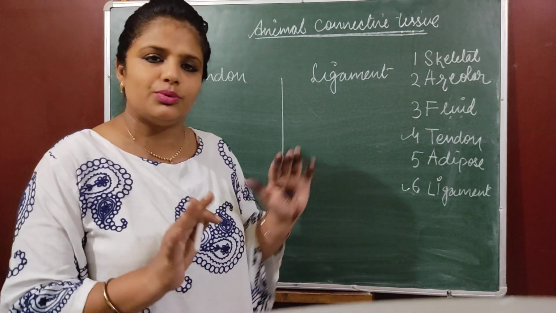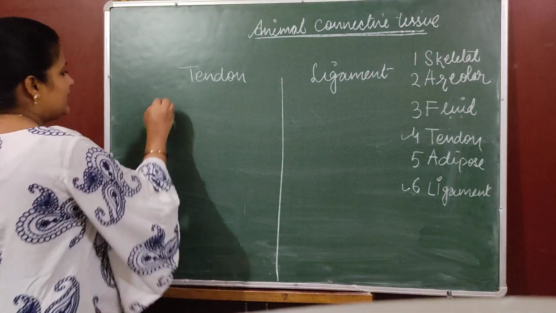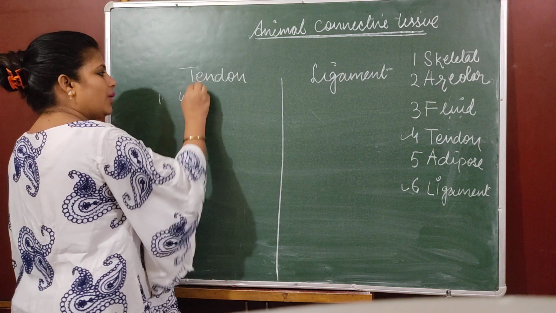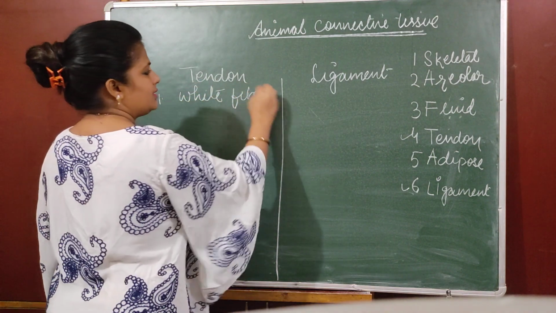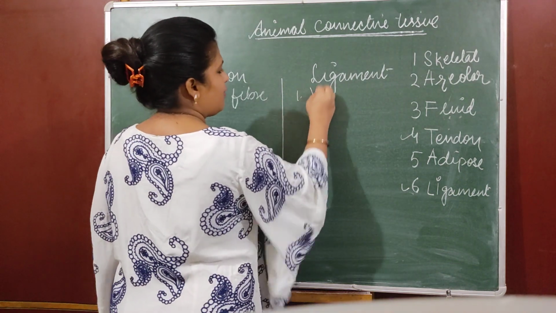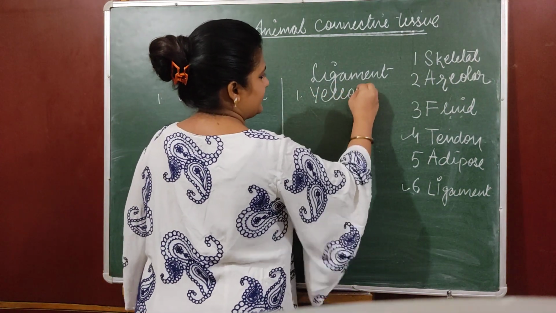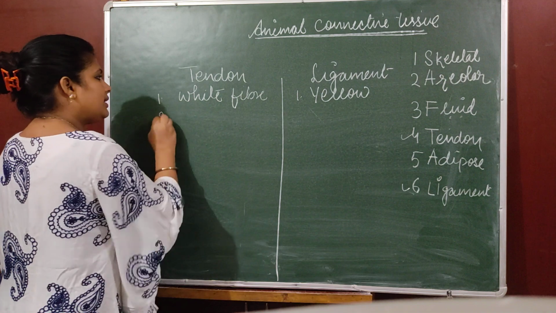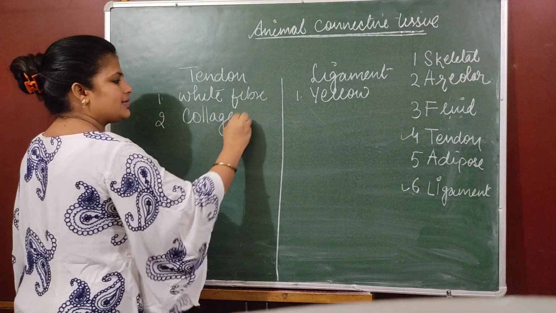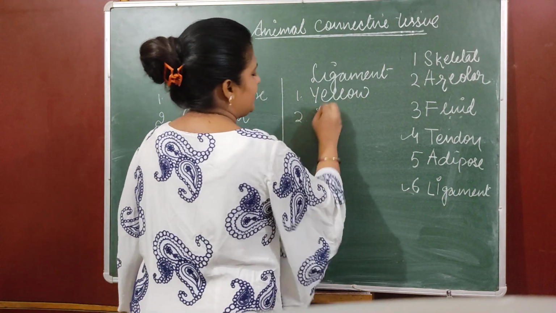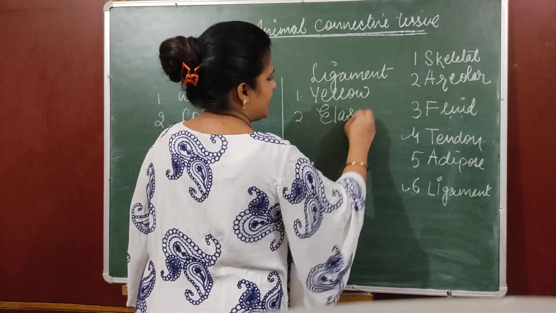It's very easy to learn all these differences. Tendon is made up of white fiber and ligament is made up of yellow fiber. Tendon is made up of white fiber, also known as collagen fiber, and ligament is made up of elastin fiber.